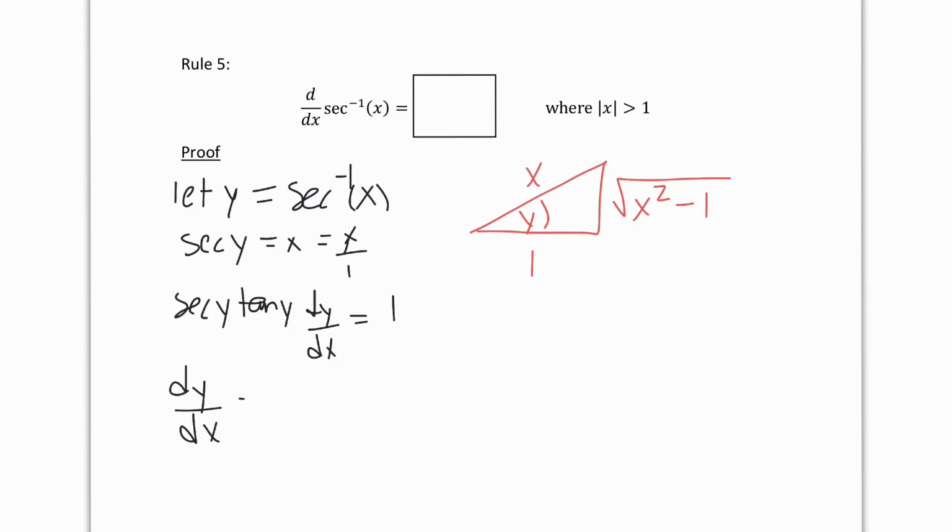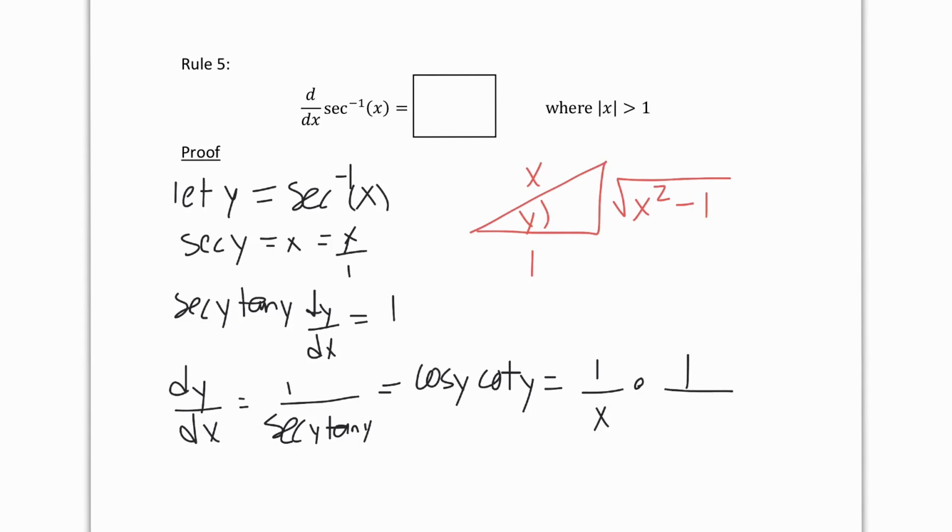Isolating for dy/dx, we get 1 over secant y tan y, which gives you cos y cotan y. Now cos y is adjacent over hypotenuse, so that's going to be 1 over x. Cotan is going to be the reciprocal of tan, so if tan is opposite over adjacent, it'll be adjacent over opposite.